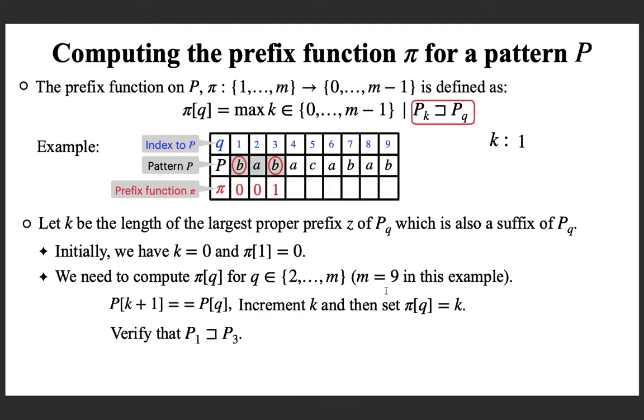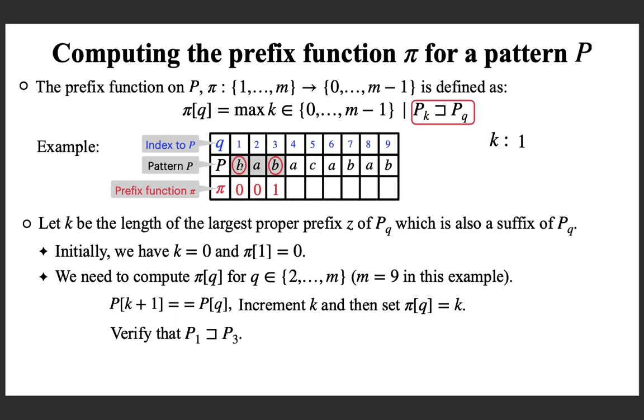Now you verify that it is correct. When you say that pi q is 1, meaning what is the value of q now? Q is 3, right? You are saying that P3, what is P3? BAB is having a length 1 prefix which is also a suffix. What is the length 1 prefix of BAB?